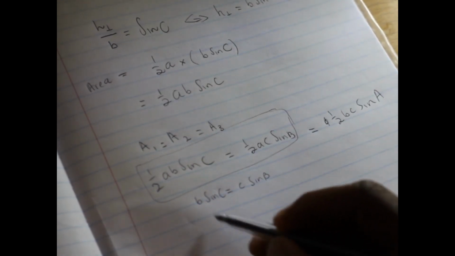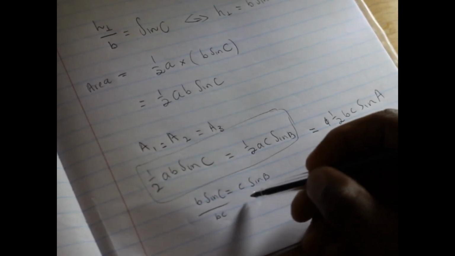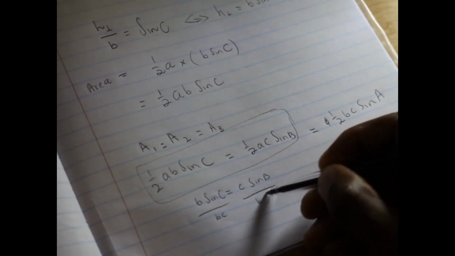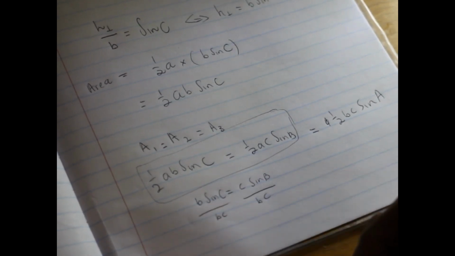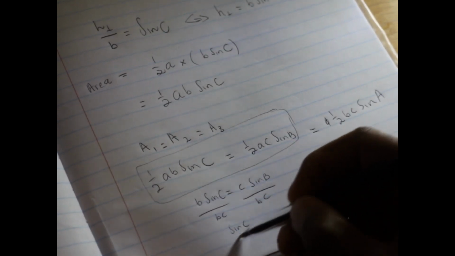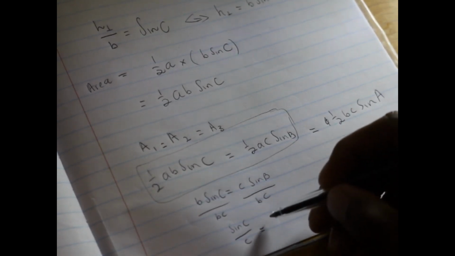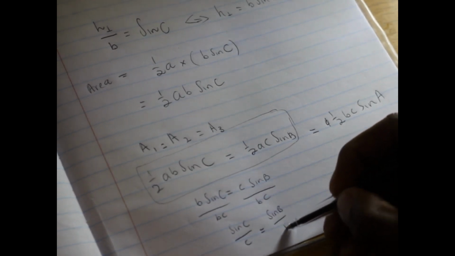So we divide the left hand side by BC, also the right hand side by BC, just the product of the coefficients. Then you'll see that the B and the B cancel. So sine of C over C is equal to sine of B over B.